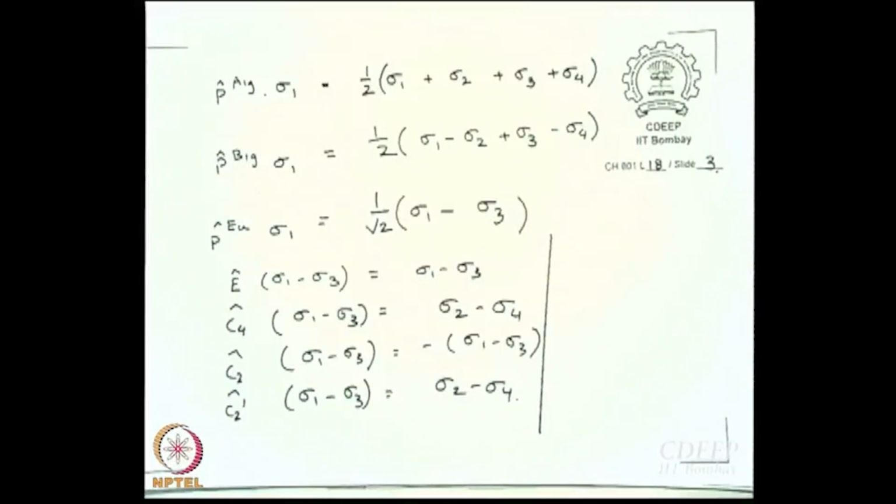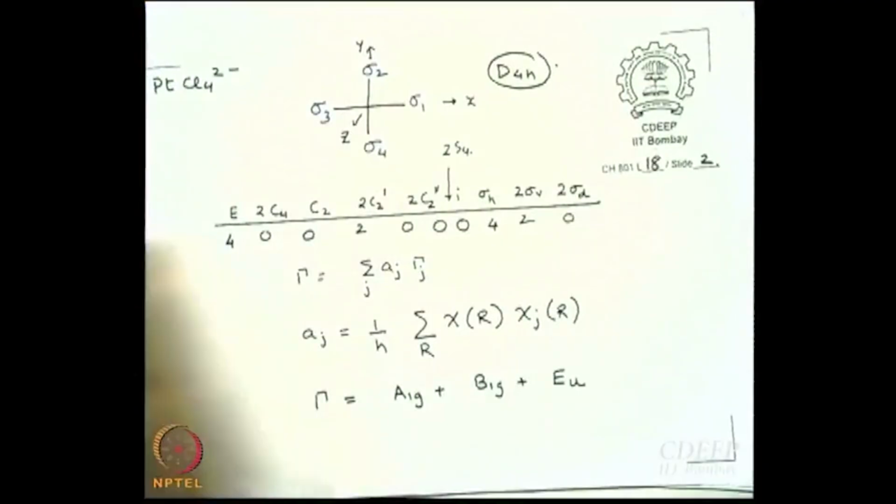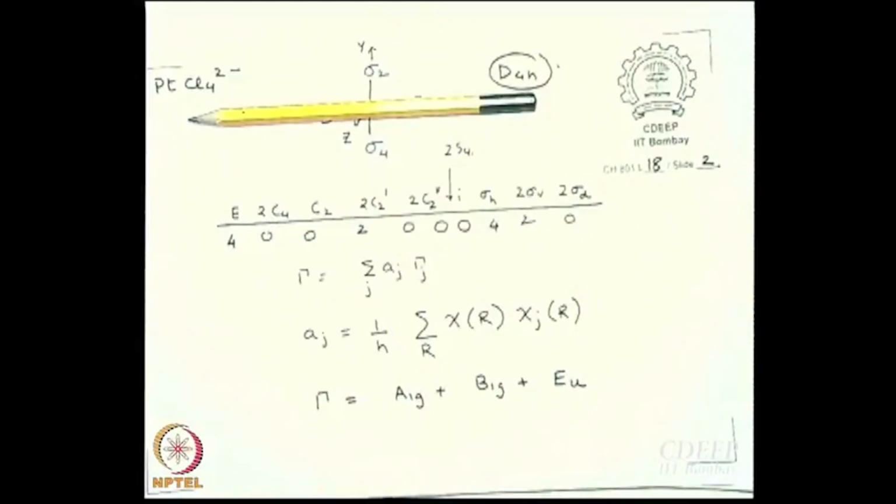C2 double dash, C2 dash, huh? Which one is C2 dash? This. So C2 dash should give me what? This is one C2 dash. That will give me sigma 1 minus sigma 3.